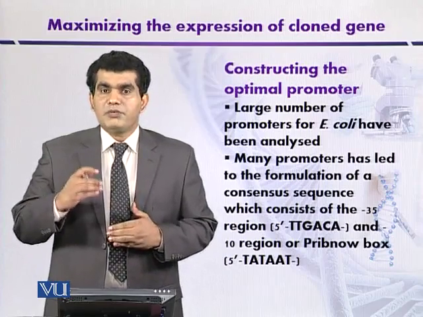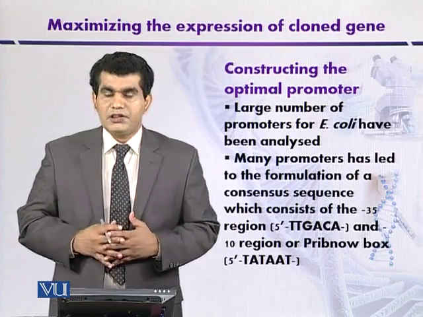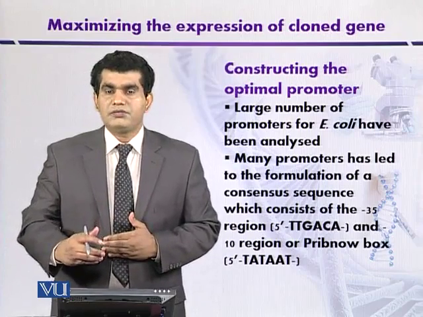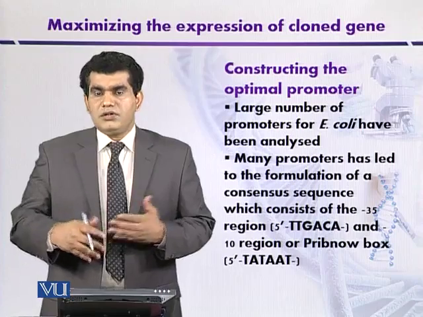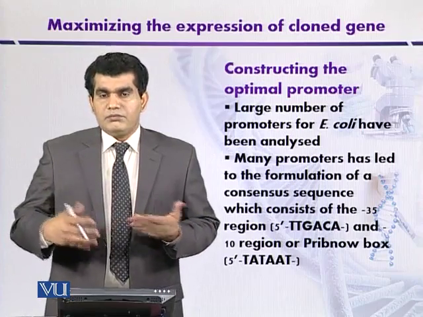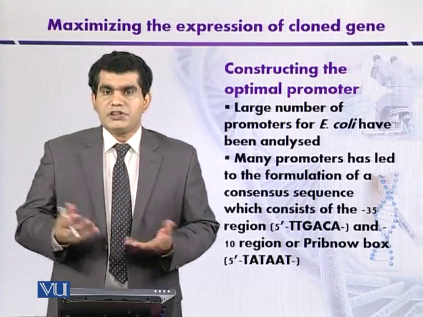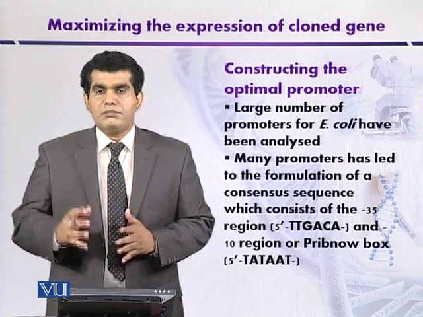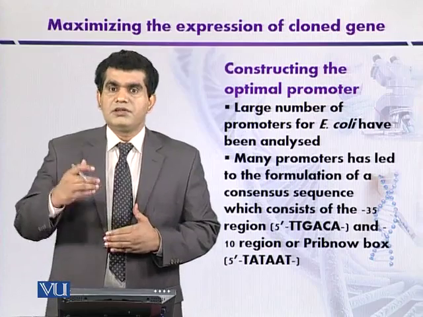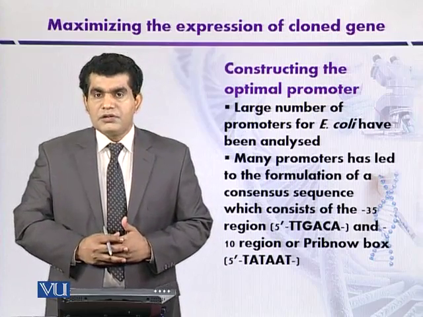Different types of promoters have been analyzed and used for the expression of different target genes, and more than 260 or 263 or even more promoters have been reported and compiled, and their sequences have been compared.